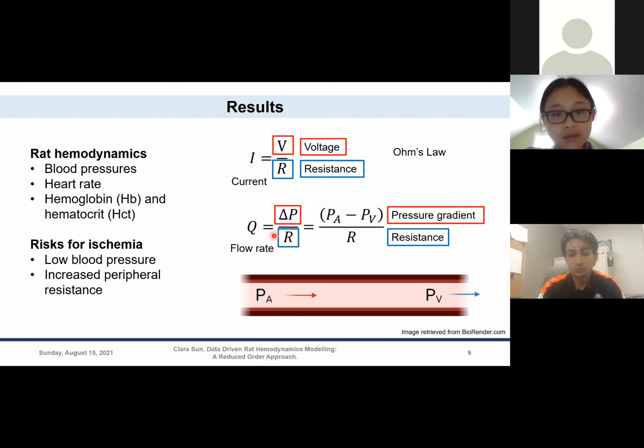So based on this equation alone, you can identify that a reduction in pressure or an increase in resistance can both lead to reduced blood flow. This reduced blood flow can then cause decreased tissue perfusion and less oxygen being carried to all parts of the body, resulting in ischemia.